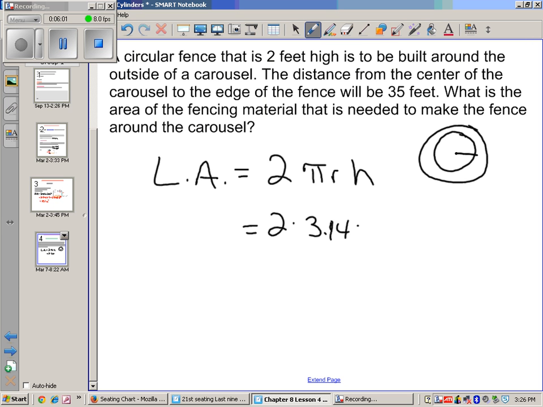It says from the center out, 35, and that looks like a radius to me, so we're going to go with the radius, that is 35. And as it says, the fence is going to be 2 feet high, times 2. So punch that into your calculator, 2 times 3.14 times 35 times 2, and we're going to get an answer of about 439.8 feet squared of fencing that is going to be needed to go around the carousel.